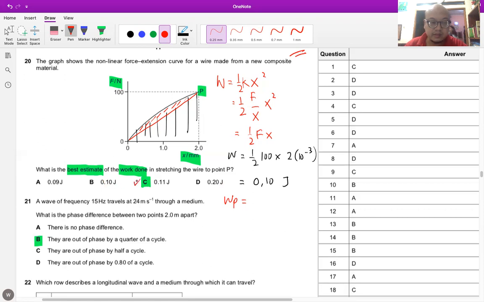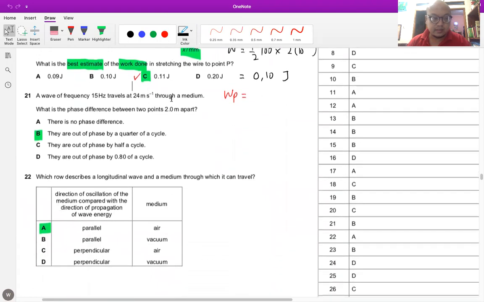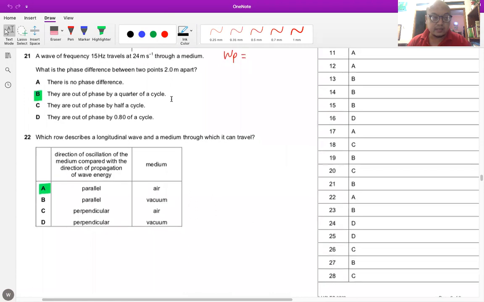So continuing with number 21, the answer is B.